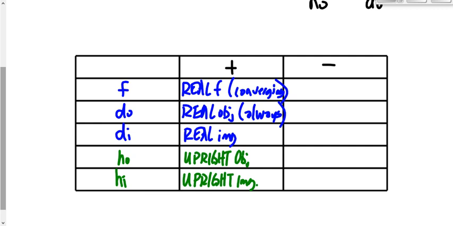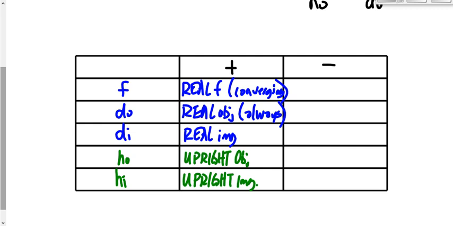So you could say that HO is almost always going to be positive, but HI is positive if it's a virtual image and negative if it's a real image, because it's always going to be upright if it's virtual and upside down if it's real. The reason that I've written it this way is to keep the pattern between HO and HI.